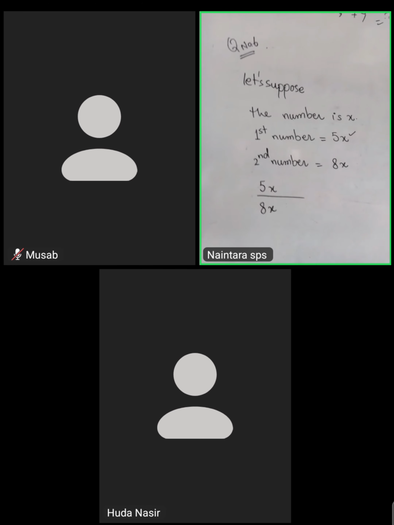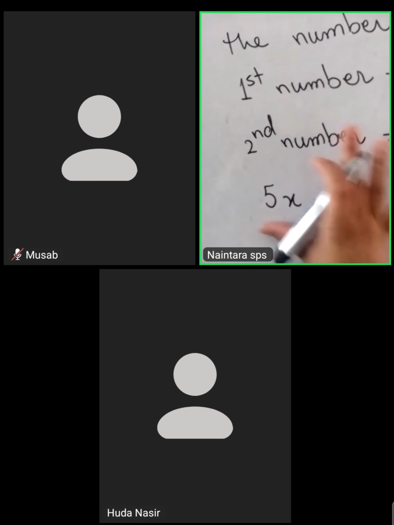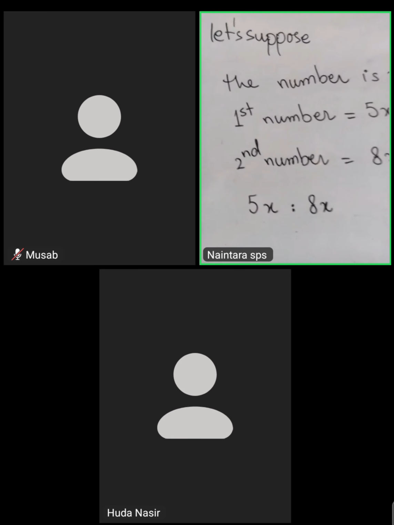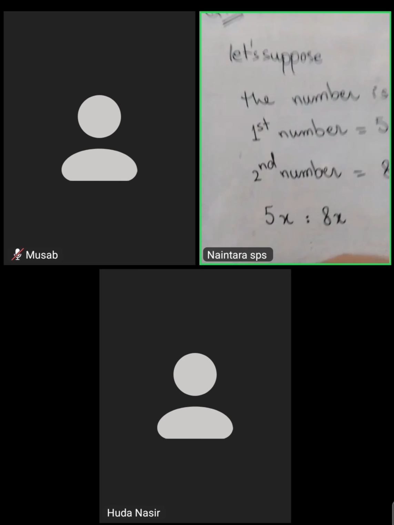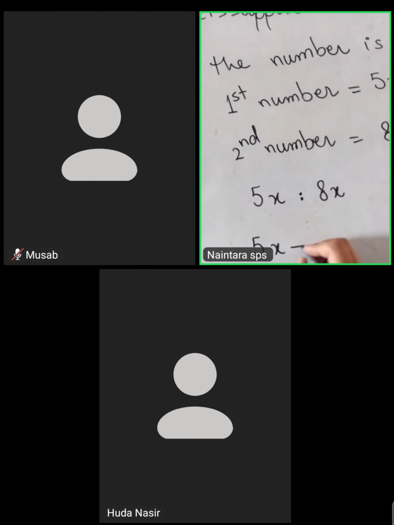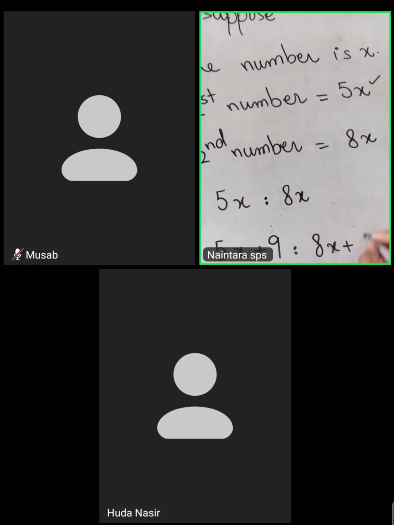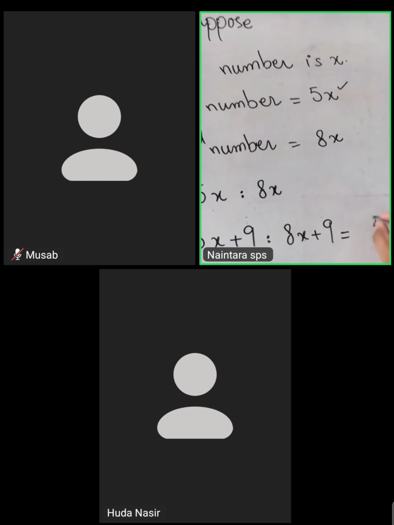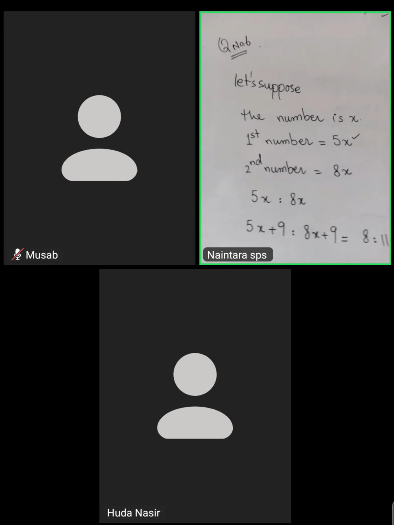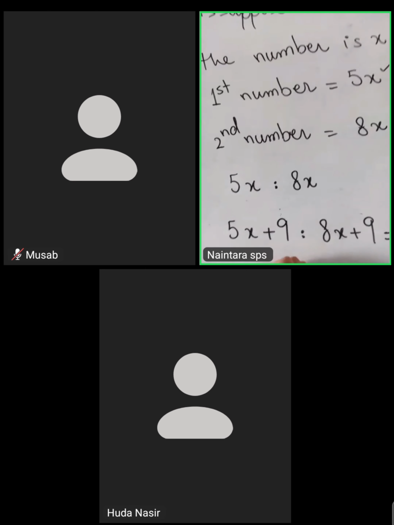You may write it in the ratio 5x ratio 8x. This was the first ratio. Now they are saying if 9 is added, then it becomes another ratio: 5x plus 9 and the other one is 8x plus 9. It is equal to the next ratio, that is 8:11. 5x plus 9 ratio 8x plus 9 is equal to 8:11.